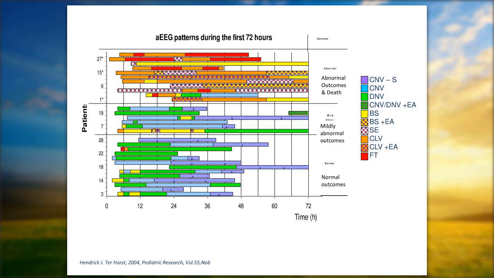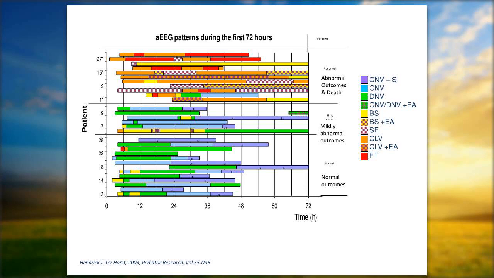And what they did is they broke them into groups of babies who had normal outcomes, mildly abnormal outcomes, and then extremely abnormal outcomes and death. So you see that on the far right-hand side. And then they color-coded their aEEGs to show the progression of aEEG over time. The blue colors are the continuous normal voltage.